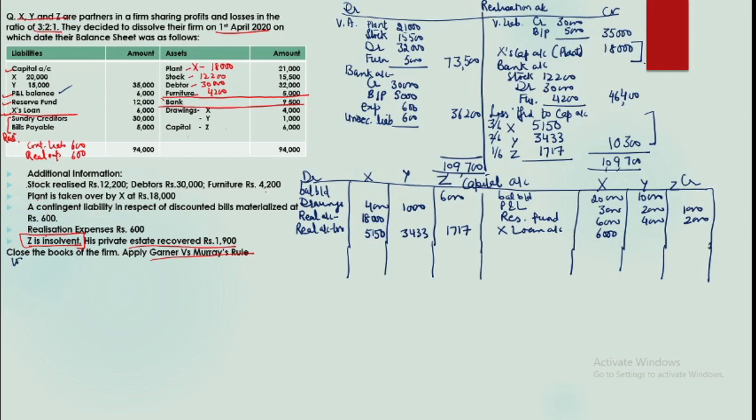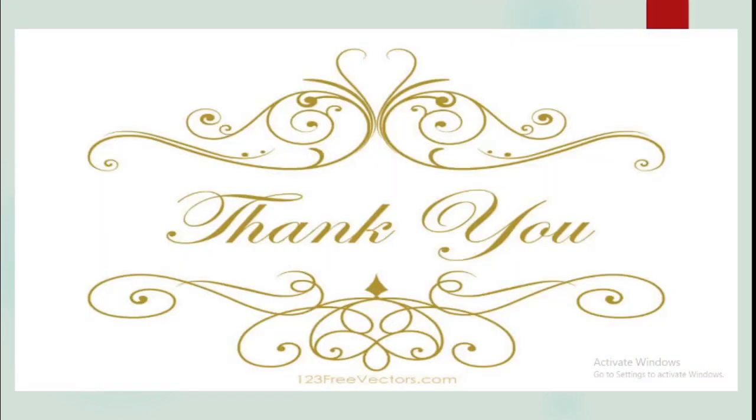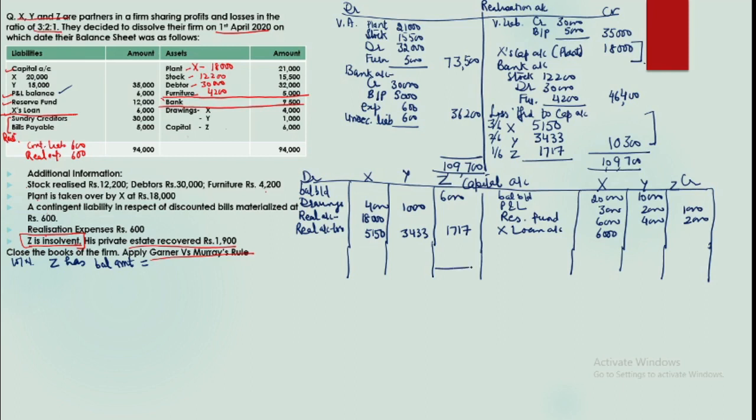So in the working note what we find is that Z has a balance amount of how much? You see, he is having 7,717 here, and on the credit side his total is 3,000. It means his balance is 4,717. I hope you get it. This is the debit total and this is the credit total 3,000.